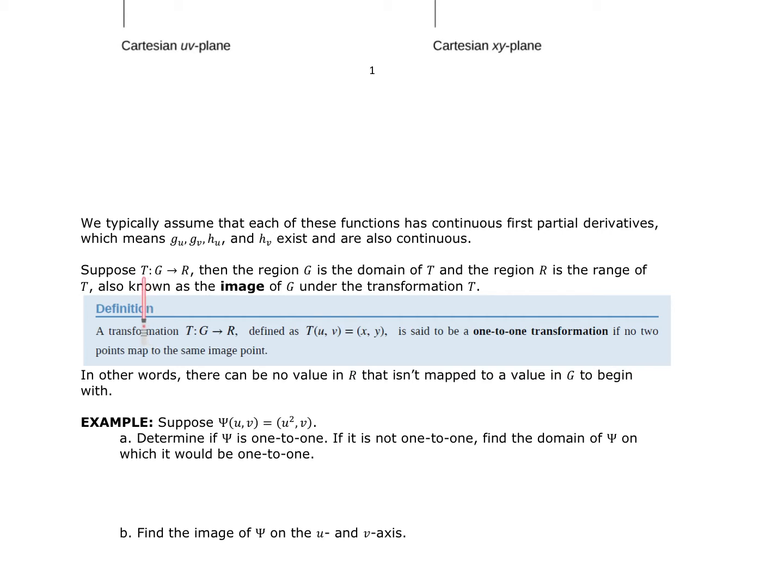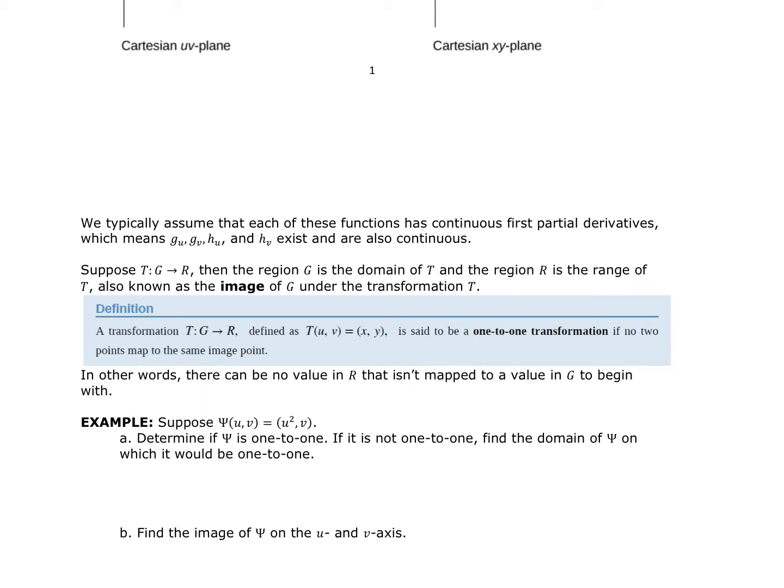Now, suppose T is some transformation from G into R. Then the region G would be called the domain of the transformation T, and the region R is the range of the transformation T, which is known as the image of G under the transformation T. The transformation T from G into R, defined as T from uv into xy, is said to be a one-to-one transformation if no two points map to the same image point.